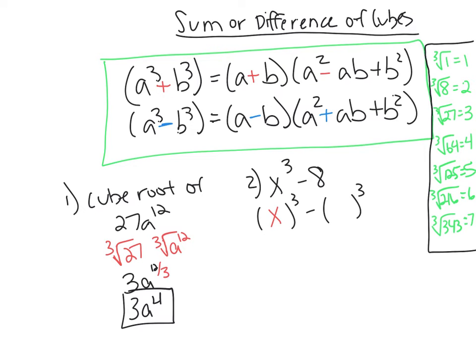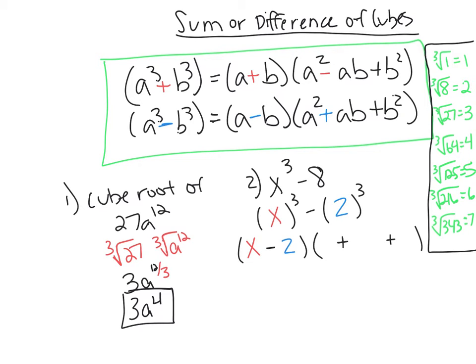The cube root of 8 is 2. Because this is a difference, I like to write my basic formula out. My first sign's negative, my second sign's positive, the third one's always positive. So I need a minus b. My a is x, my b is 2.